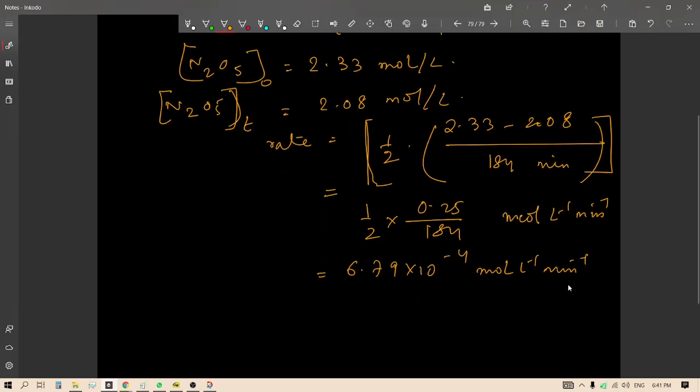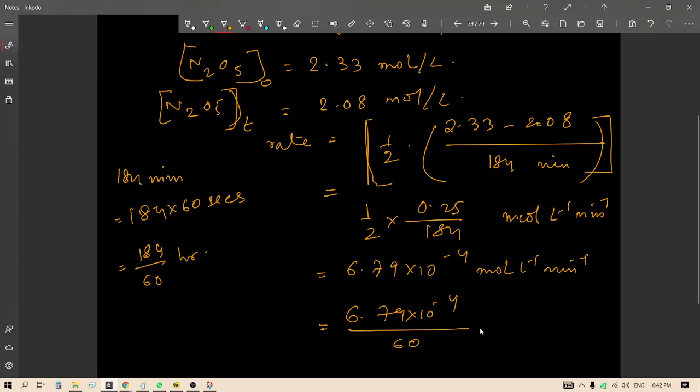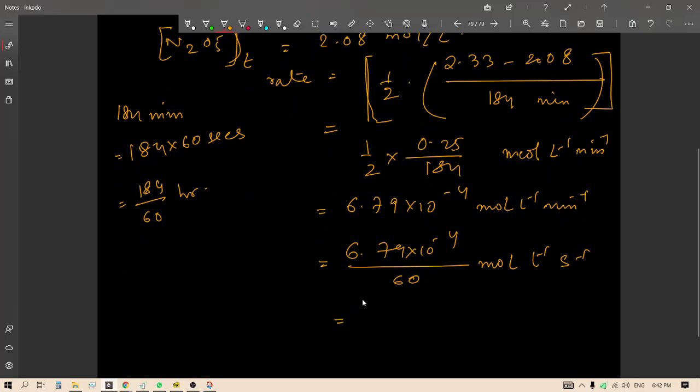Now if I convert this, 184 minutes is how many seconds? 184 into 60 seconds, and how many hours is equal to 184 by 60 hours, right? This is per minute. If you need to find it per second, you have to divide it by 60, which is 1.13 into 10 to the power minus 5 mole liter inverse second inverse.